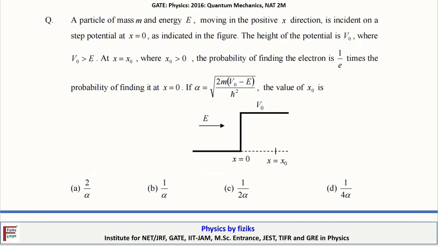Thus, the correct option for this question is 1 by 2 alpha, option C.